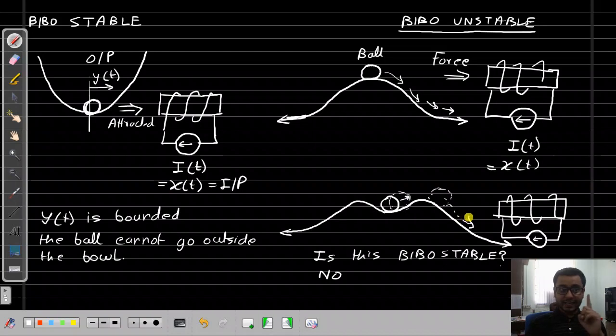So there is some possible input which is still bounded, still not infinite, which causes the output to become infinite. So at least for one input, the output becomes unbounded and the system fails to be stable. If the system fails to be stable for one input, then it is unstable. To be stable, a system must be stable for all bounded inputs. That's the important thing.